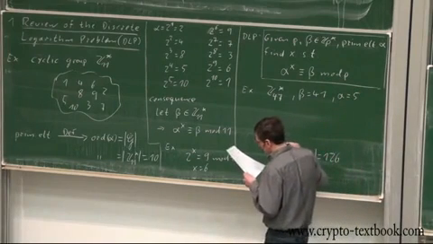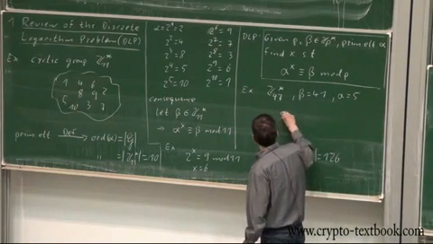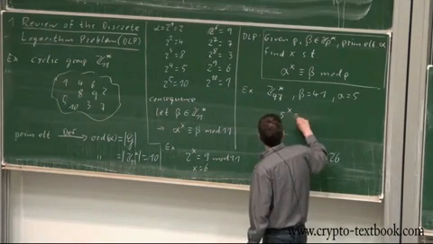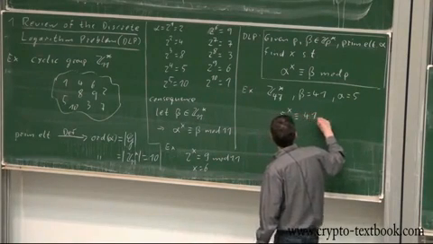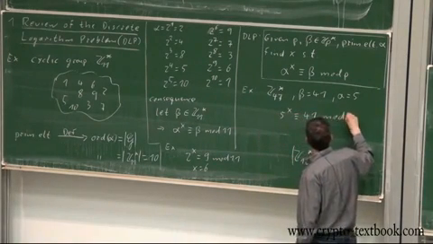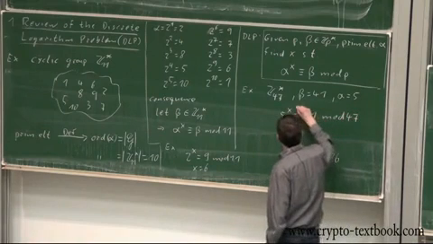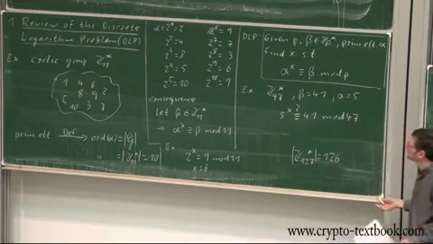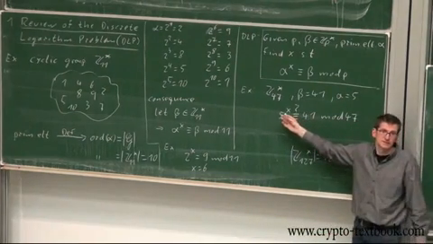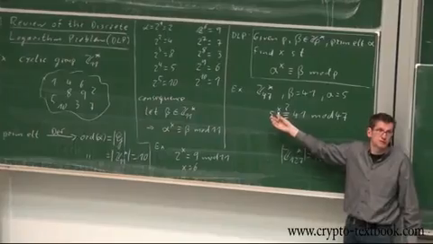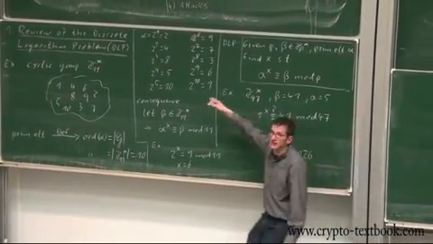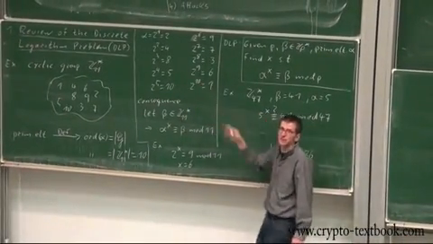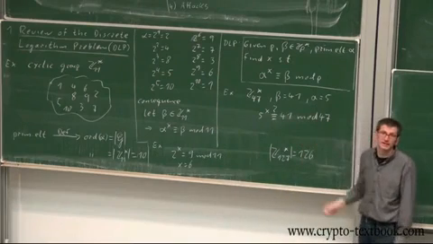So the question is, what is x here? And this time we don't have this nice pre-computed table with all powers of 5, right?